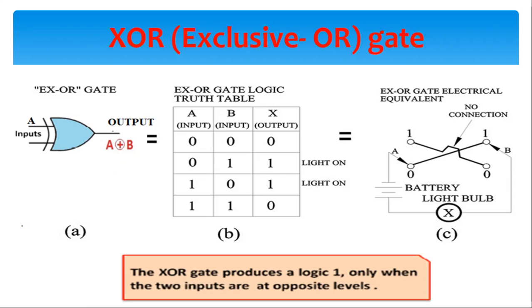In the switch analogy, XOR gate is constructed using battery, lamp, and cross-connected switches. The output of XOR gate is high when any one of the inputs is high, that is, the lamp is on when any of the switches is closed.